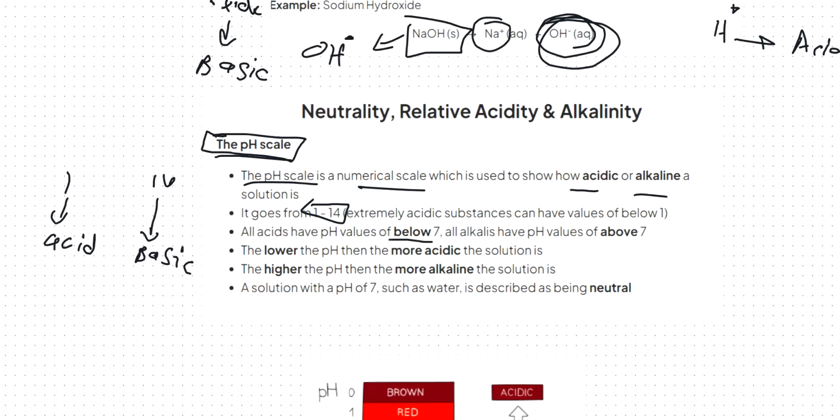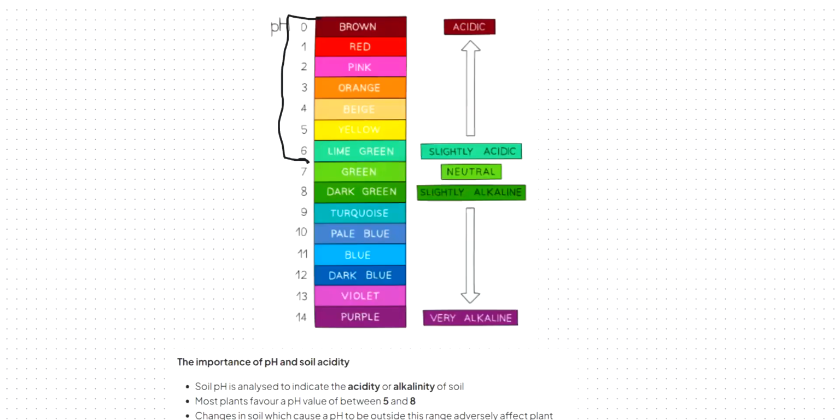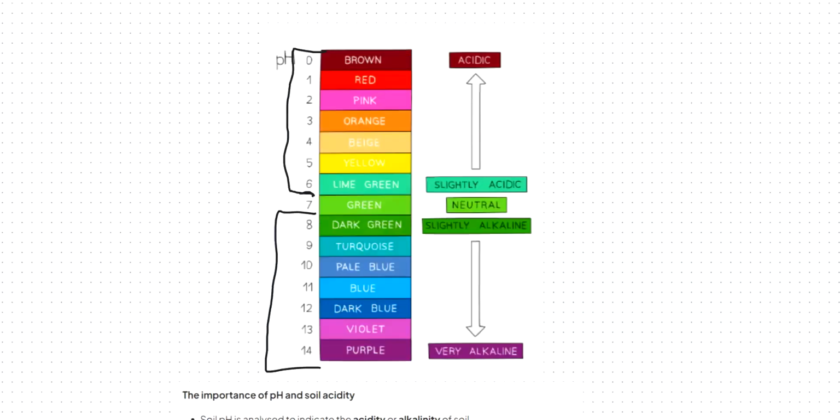So something which is an acid would range from 6 to 1, not 0. You can ignore the 0. And something which is a base would go from 8 to 14, where 8 is very slightly alkali, and 6 is also slightly acidic.